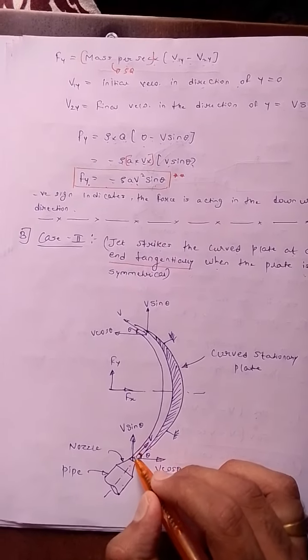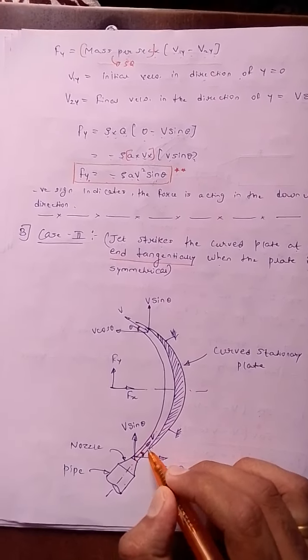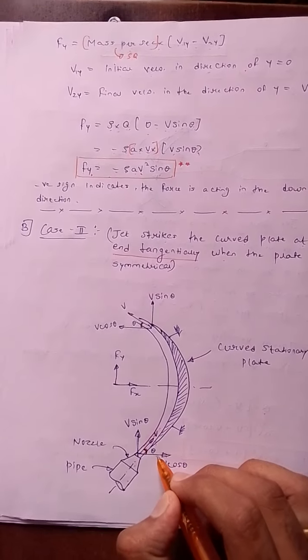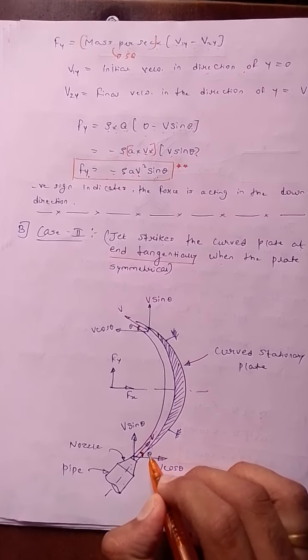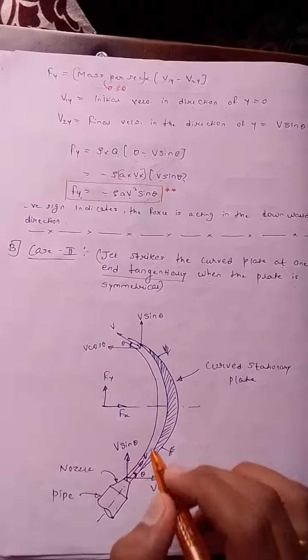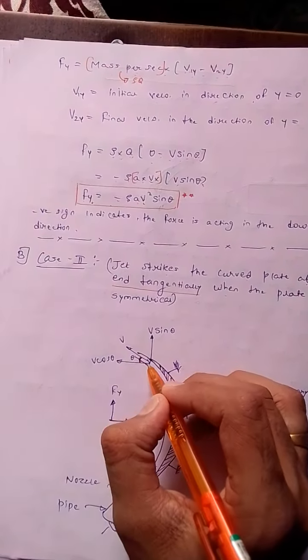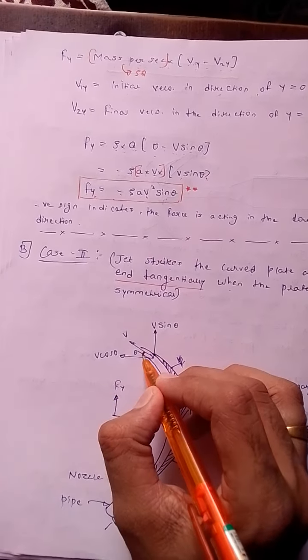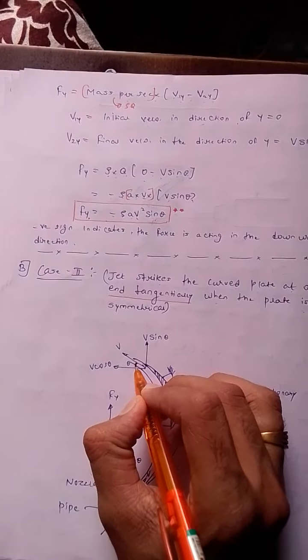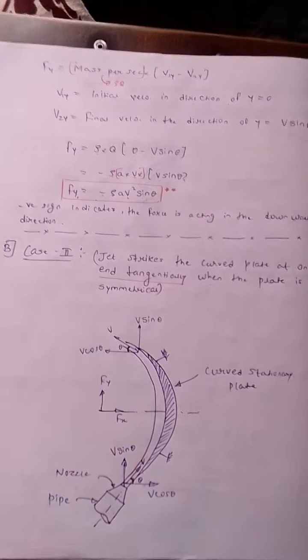Suppose the jet is entering from this end at this angle with respect to horizontal, and we write this as theta, then at the outlet point the water will be leaving at the same angle with the horizontal. So theta is the same.